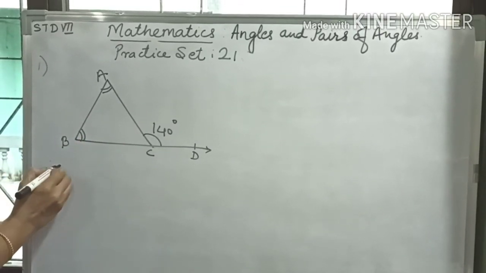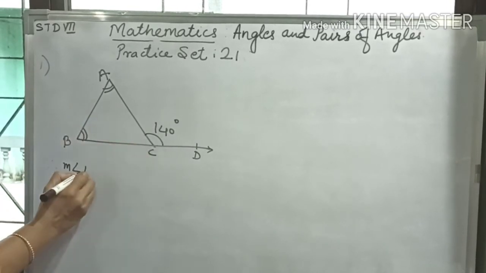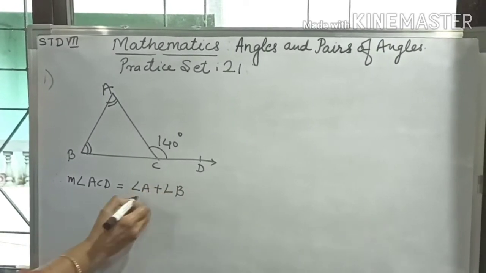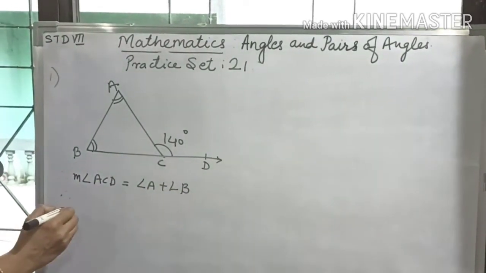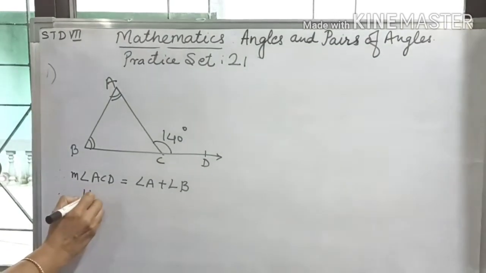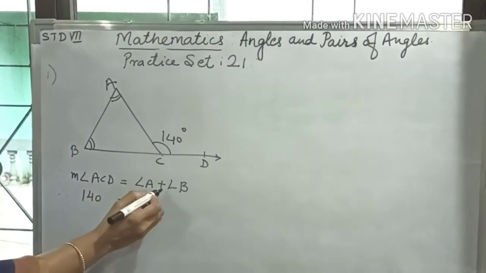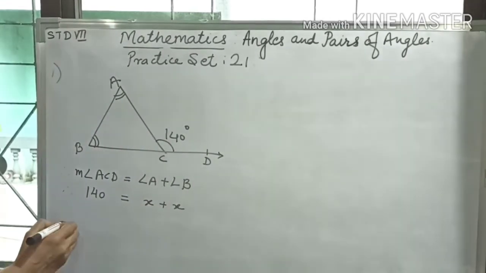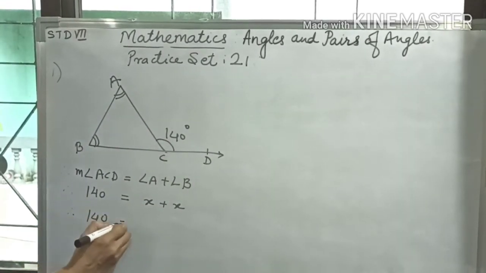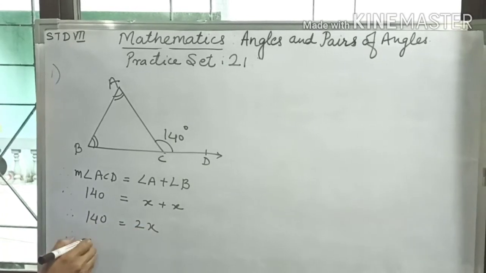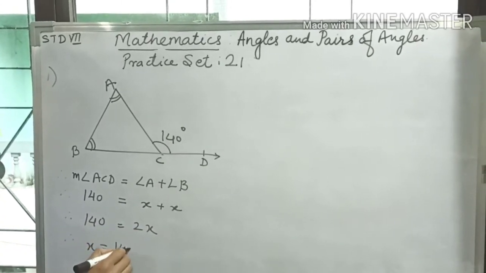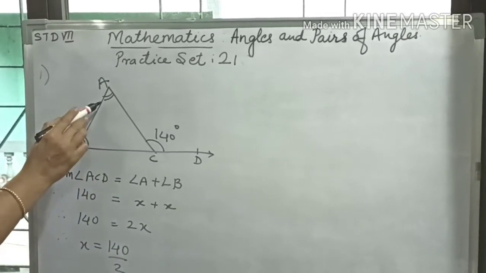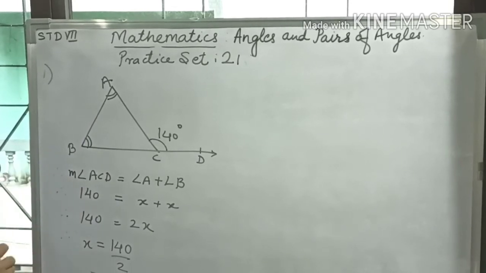Therefore, we have measure angle ACD is equal to angle A plus angle B. Angle ACD is given to you, 140 degrees. Measure angle A and measure angle B are equal. So let's assume these angles as x. Therefore, 140 is equal to 2x. Therefore, x is equal to 140 upon 2, that is 70. Therefore, angle A is 70 and angle B is 70.